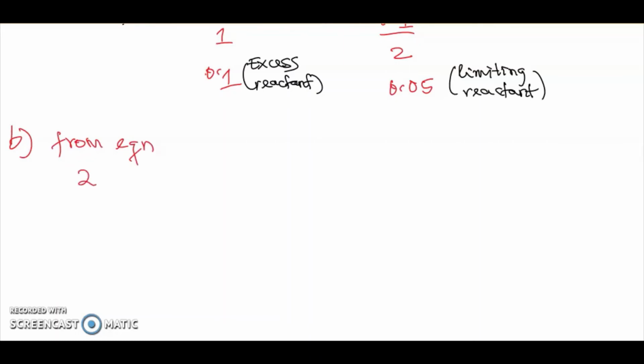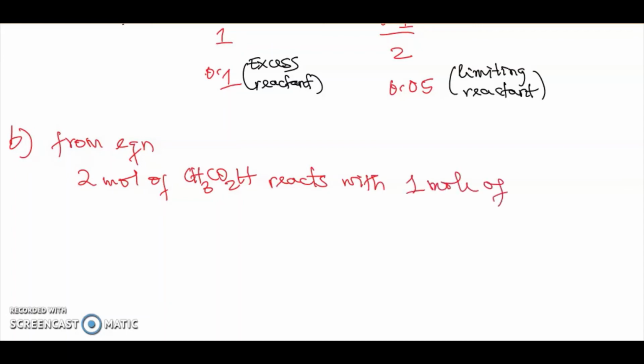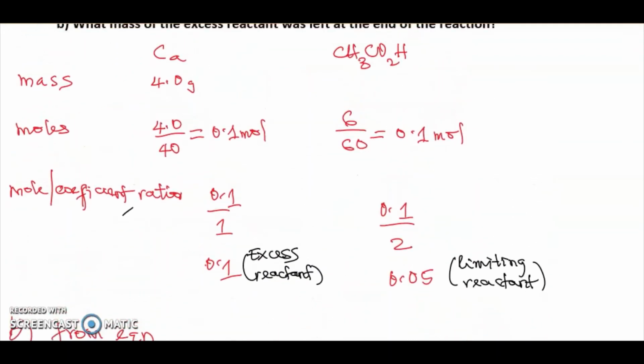we have 2 moles of ethanoic acid reacts with 1 mole of calcium. So 0.1 mole. Remember the number of moles of ethanoic acid we calculated was 0.1.